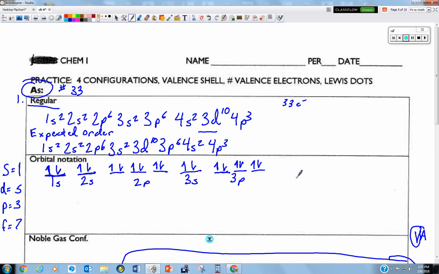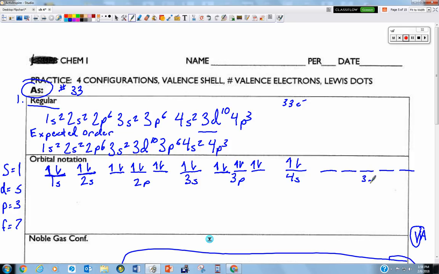Now, after 3p comes 4s. 4s has one up, one down. And then, this is where it gets tricky. We have 5 orientations for D. 2, 3, 4, 5.